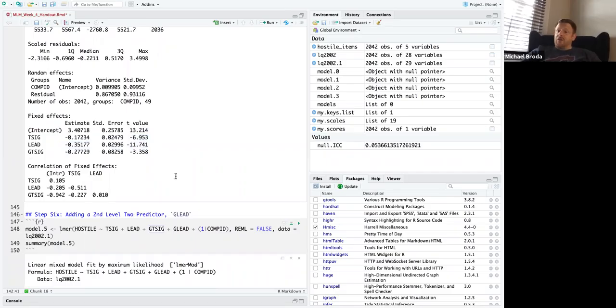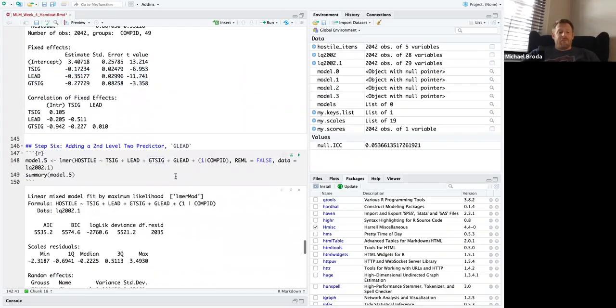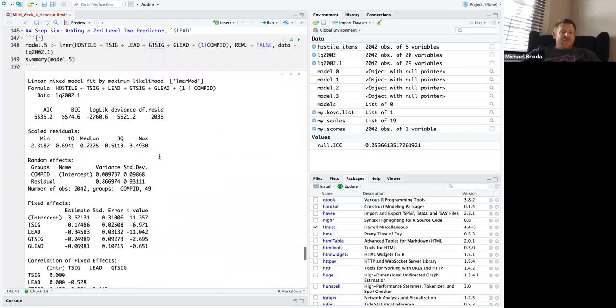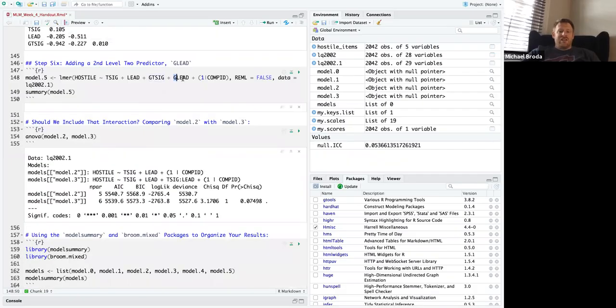So we've got something going on at the group level as well as the individual. And then in model 5, I add one more group level predictor, which is G lead. Okay, so we know that task significance matters at the company level. Does leadership perception matter? So I add that G lead variable in there, run it.